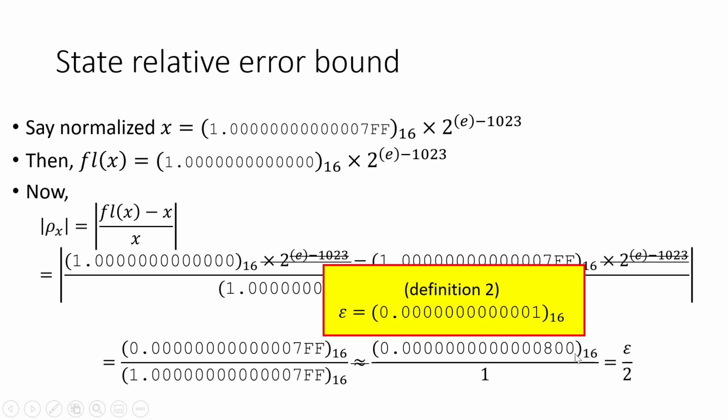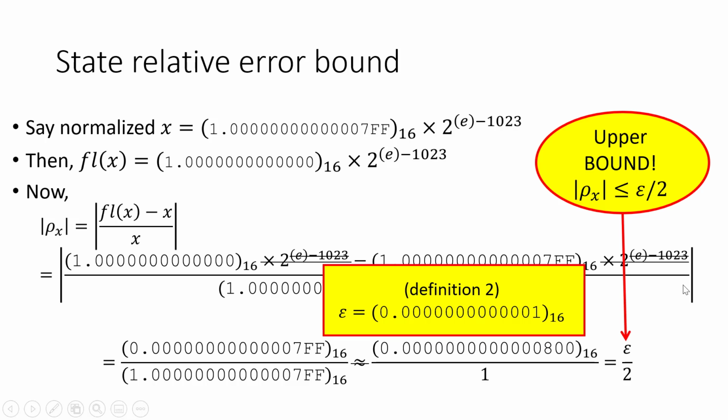You can see that 800 in that position is 1/2 of that. So this is approximately equal to epsilon over 2, and that's the upper bound. This is as high as it can go. And this is a definition 2 epsilon, remember. That's as high as that relative error can go.